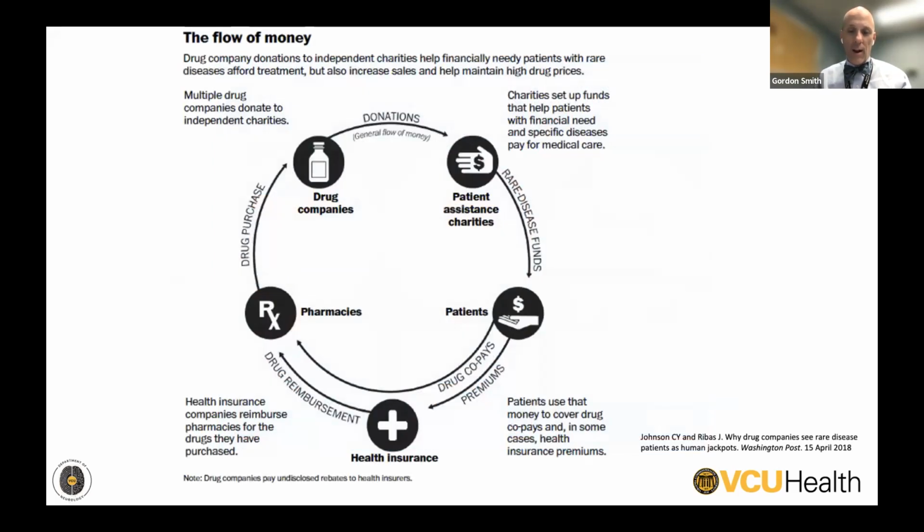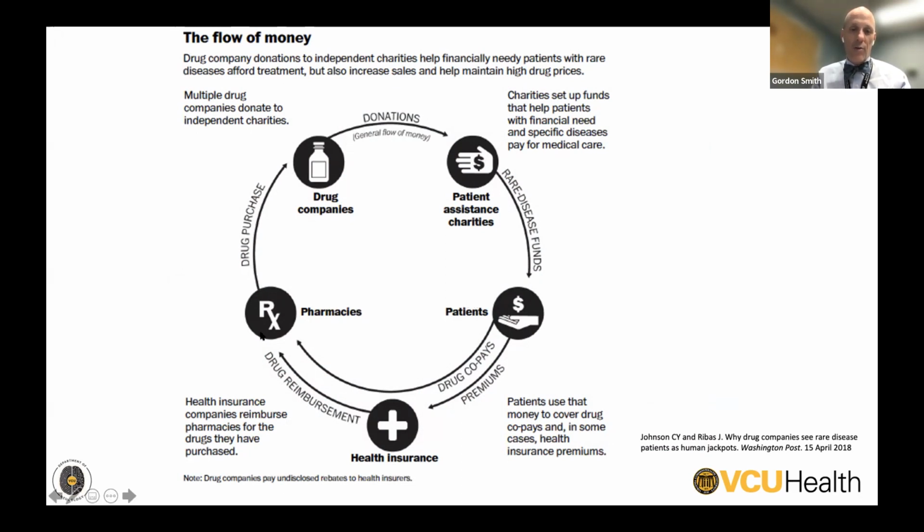This is a graphic from the Washington Post that describes this cycle, which is very discouraging, and basically consists of drug companies donating money to patient assistance charities, usually rare disease charities, and these charities then use the money for what they want to use, which often is giving the money to patients to mitigate the financial toxicity of the drug.